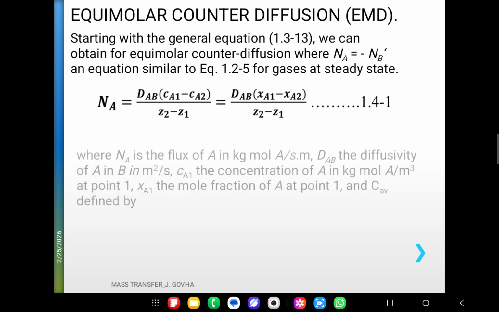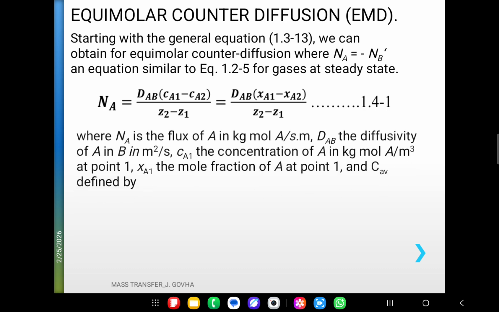Right. Moving on, we now need to define CA average as a new term that came into that equation.